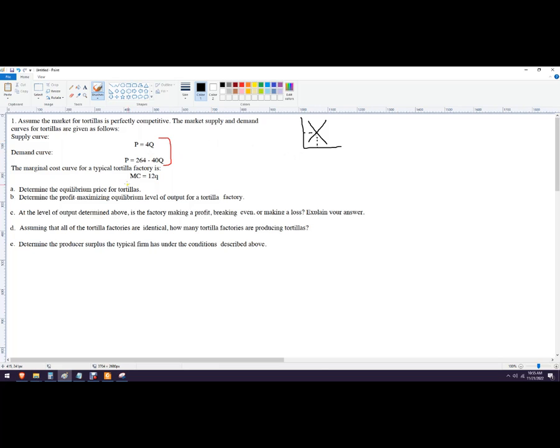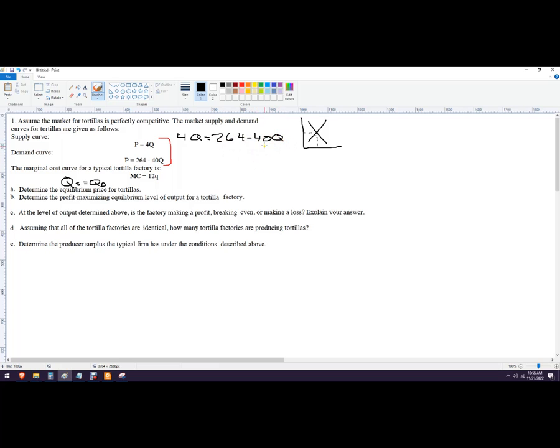So the first thing I want to do is find the equilibrium price and quantity for tortillas. This happens where quantity supplied equals quantity demanded, so I set 4Q equal to the demand curve, which is 264 minus 40Q.